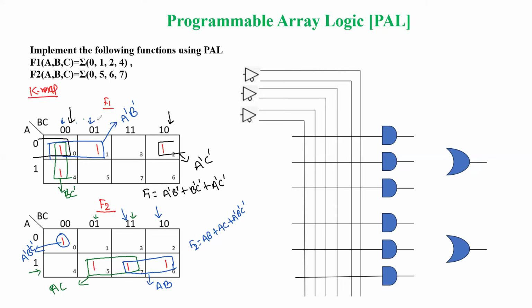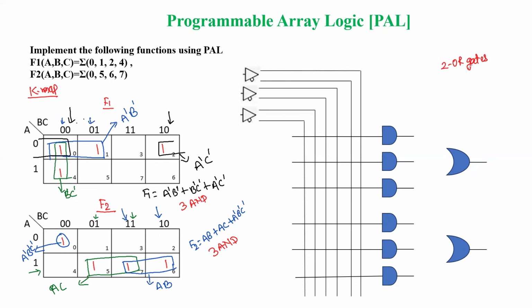For each function, as many product terms as there are, that many AND gates are required, and as many functions as we have, that many OR gates are required. For F1 we have three product terms, so we require three AND gates. For F2 also we require three AND gates. Since we have two functions, we require two OR gates, one OR gate for each function.